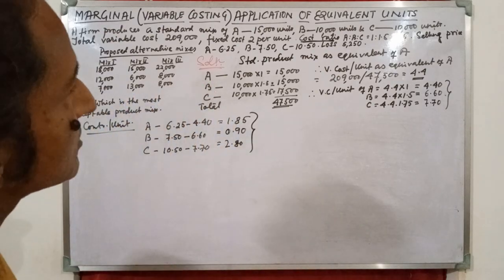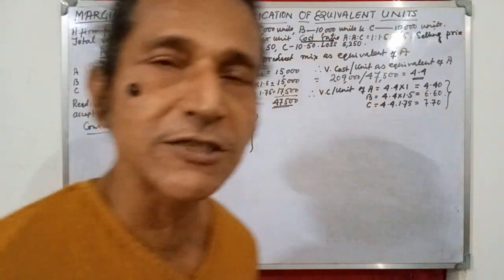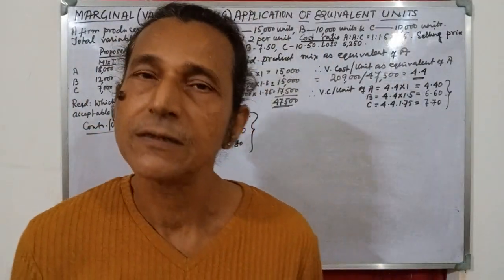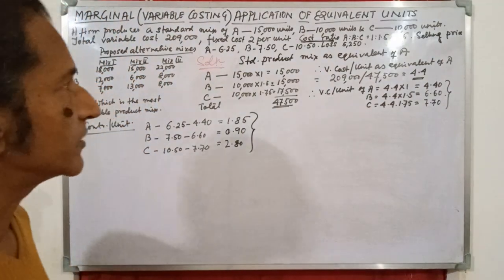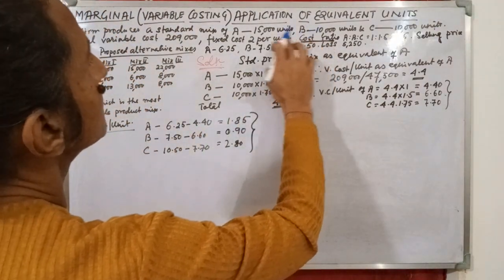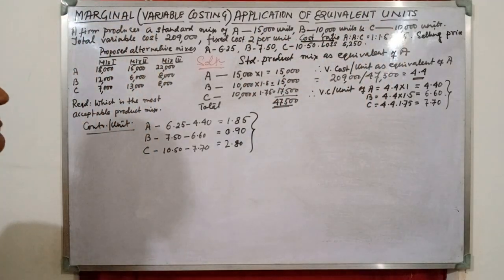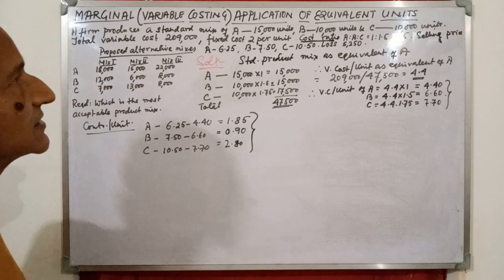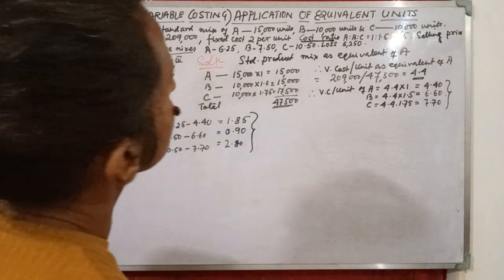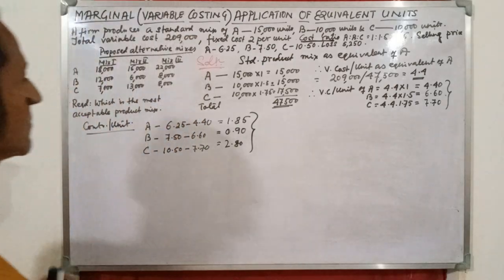Now what about fixed cost? Fixed cost is 2 per unit, and remember fixed cost is based on the standard production. What is the standard production? 10 plus 15 plus 10. This means total standard output is 35,000.